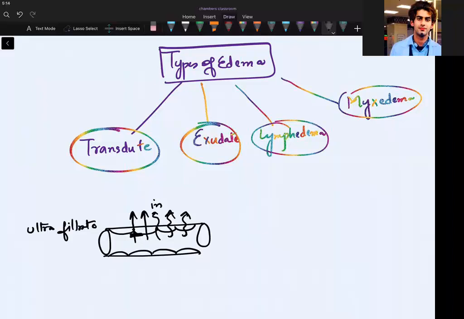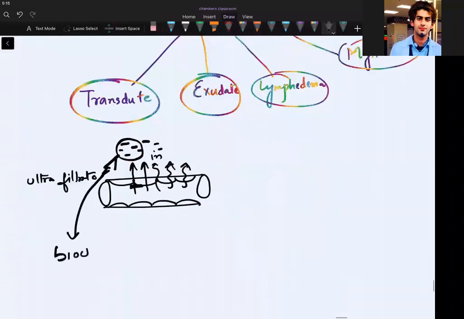So transudate can be defined as that. If I go to the clinical definition, transudate is a protein poor fluid. So which fluid are we talking about? This fluid which came here. If I take this fluid by syringe and do its biochemical analysis, what will I see? First transudate happened, and now I drew that fluid.